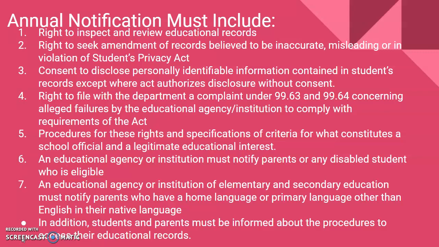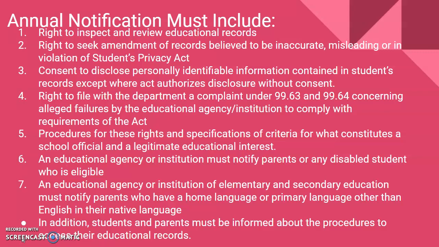Schools must have an annual notification, and within that annual notification it must include the right to inspect and review educational records, the right to seek amendment of records believed to be inaccurate, misleading, or in violation of Students' Privacy Act, and the consent to disclose personally identifiable information contained in students' records except where the Act authorizes disclosure without consent.